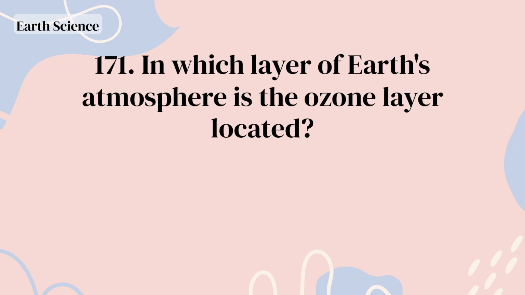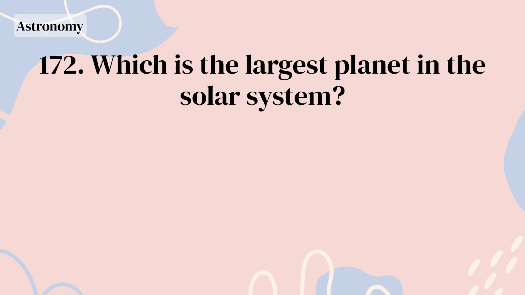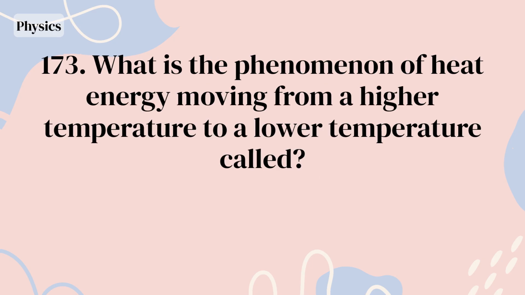In which layer of Earth's atmosphere is the ozone layer located? Stratosphere. Which is the largest planet in the solar system? Jupiter. What is the phenomenon of heat energy moving from a higher temperature to a lower temperature called?